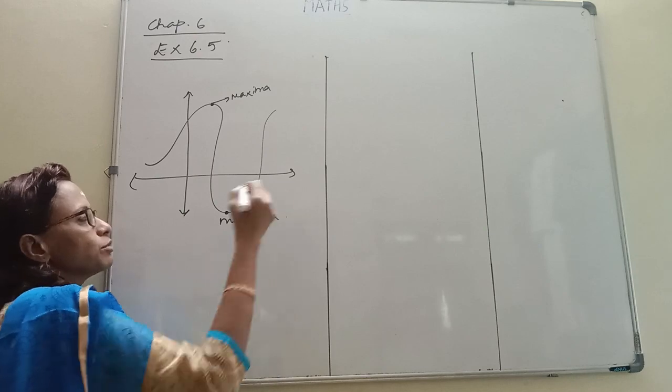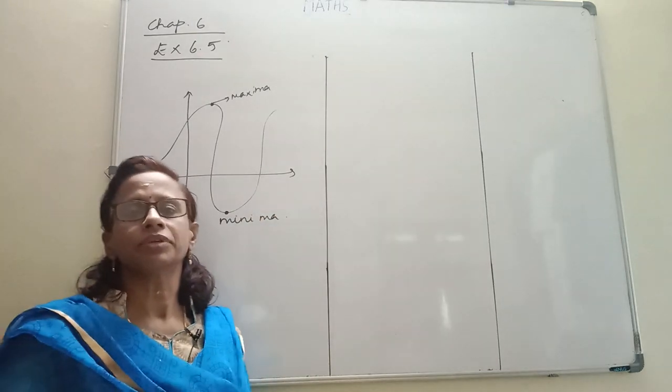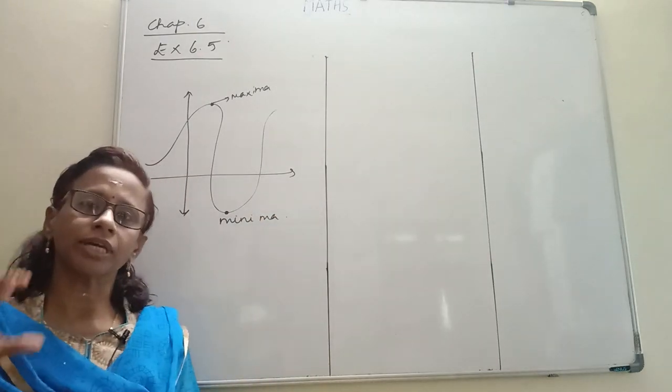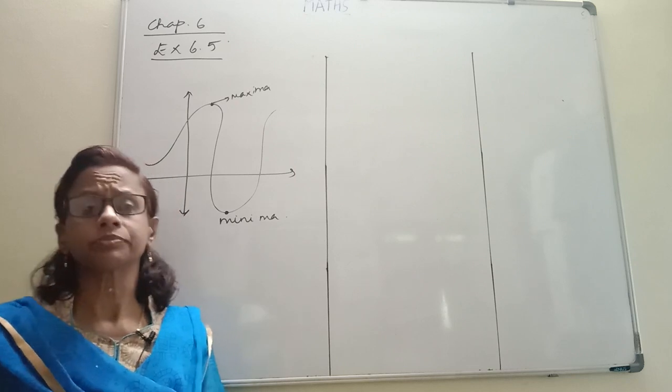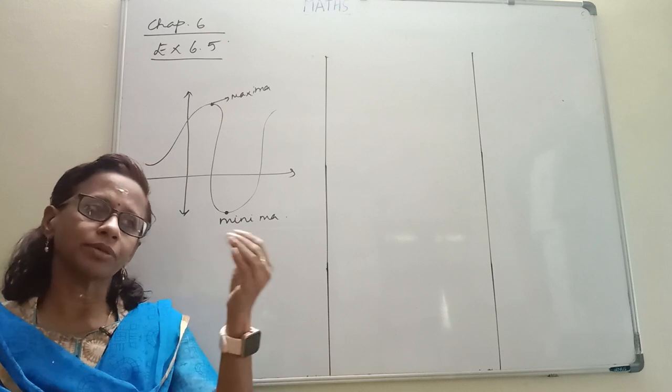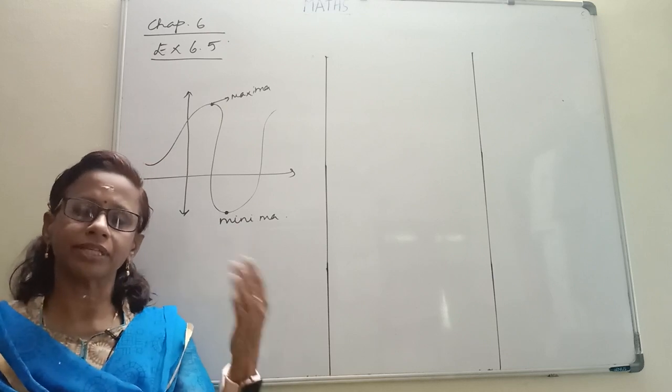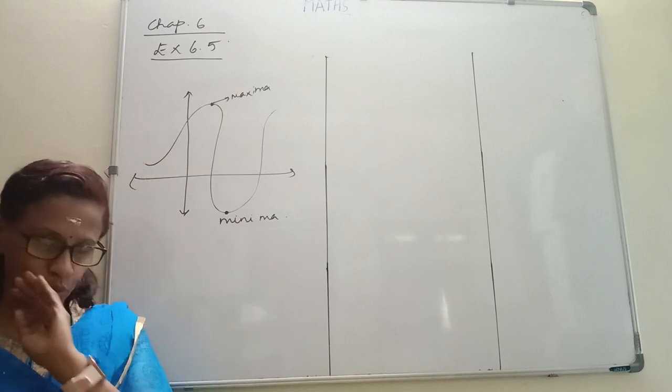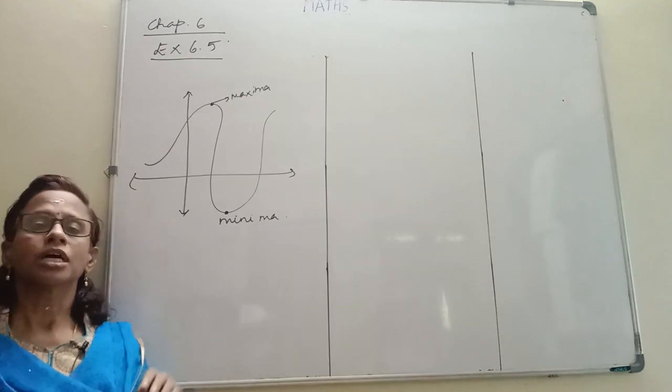Now, every time you are given a function, you're not going to sit and plot it to find out where there is maxima or minima. It's not feasible. So in order to avoid that hassle, we come to the algebraic part, and we do the checking algebraically to decide where the maxima and minima are.